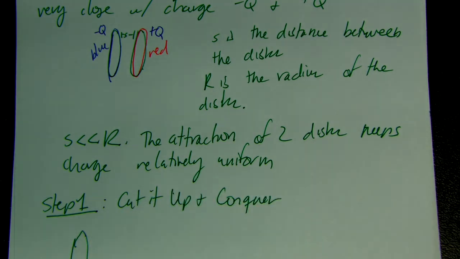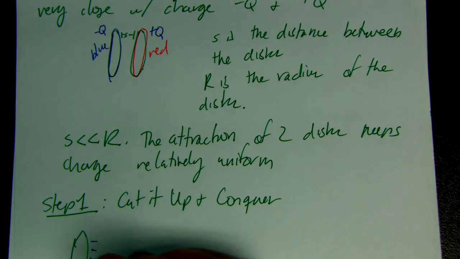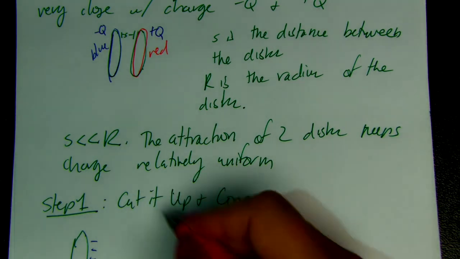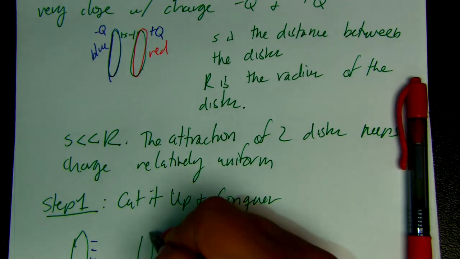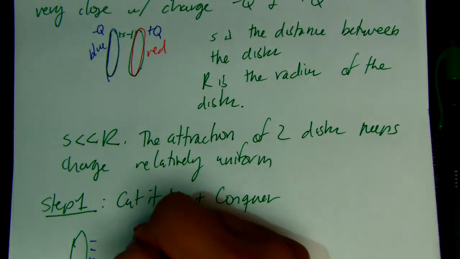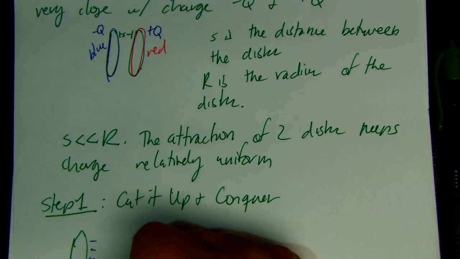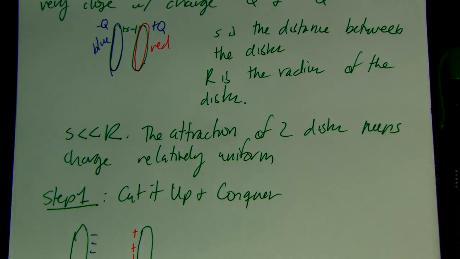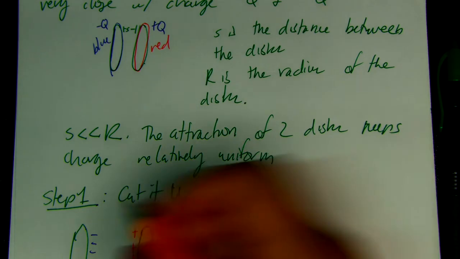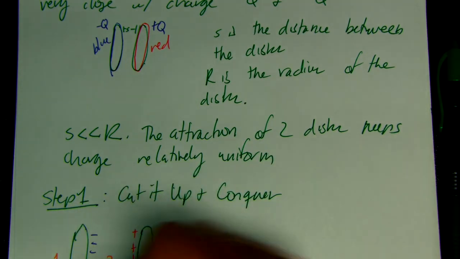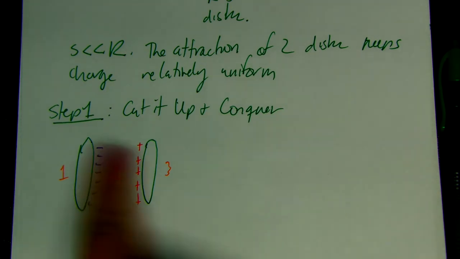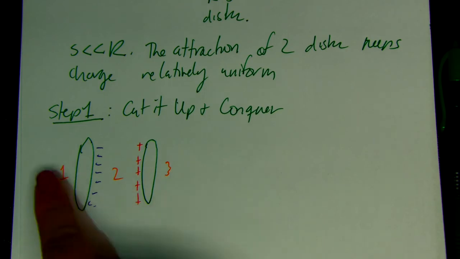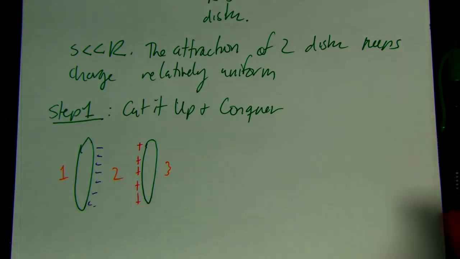So we've got our negatively charged disk over here, got our positively charged disk right here. We're going to look at the field in three different locations. So these are our two pieces, but we want to think about the field in locations 1, 2, and 3.